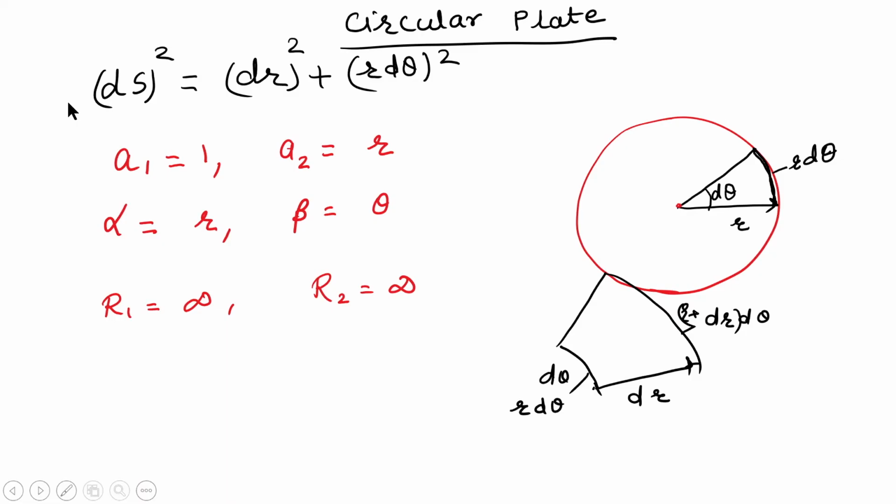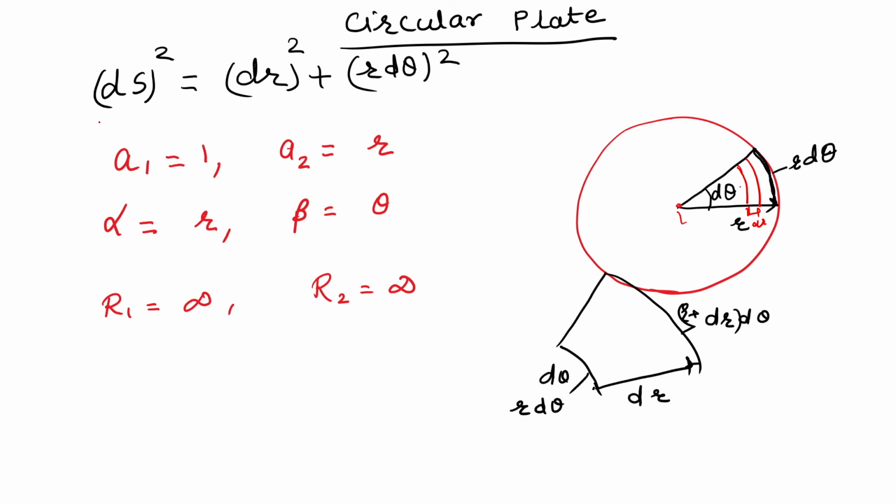Now, I am going to explain how to derive or deduce that set of equations for a circular plate. If you take an example of a circular plate, and you want to take a small element, let us say at distance r, the radial length will be dr and the angle will be d theta.